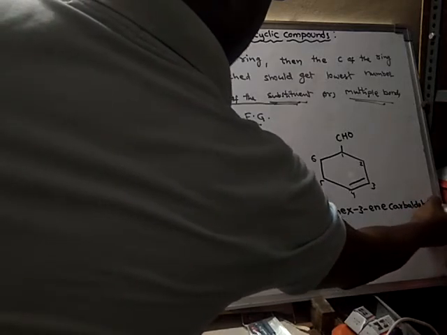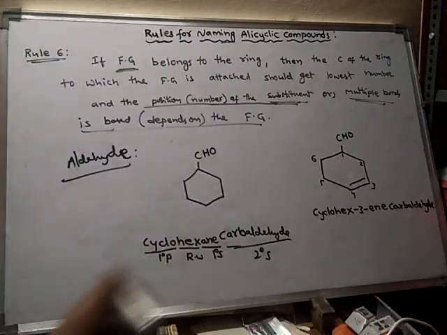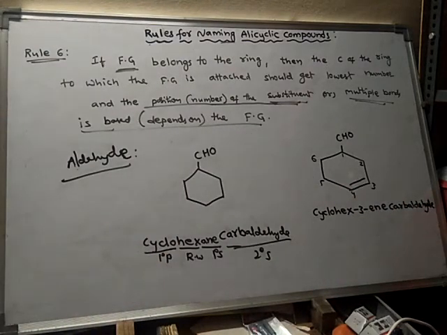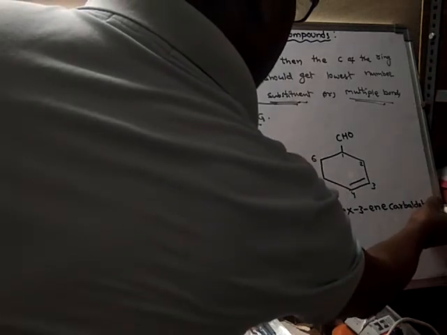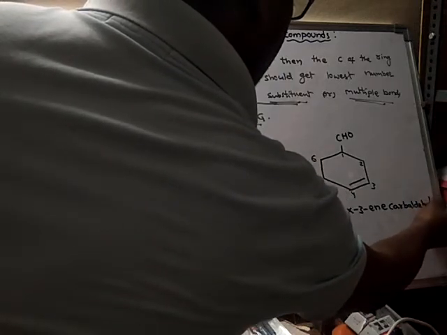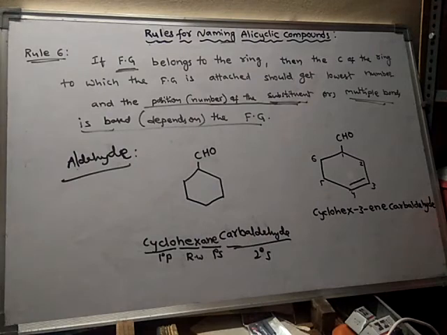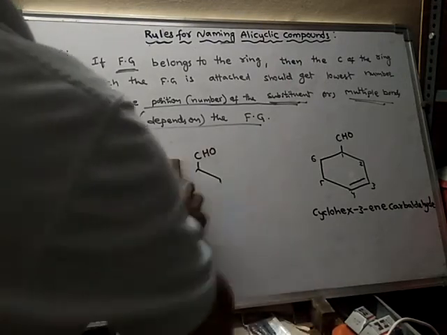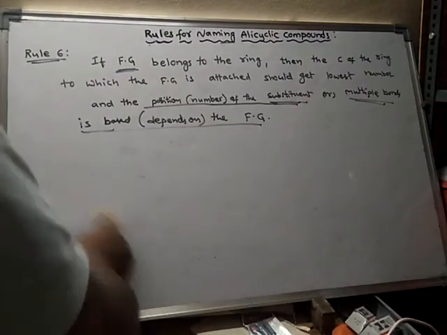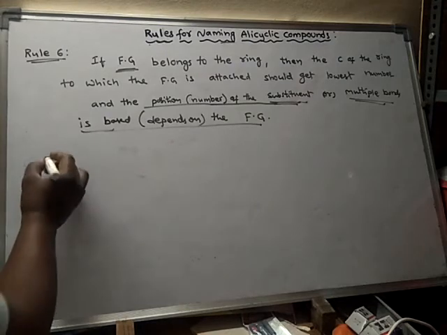Carbaldehyde, okay, cyclohexene carbaldehyde. Right. So in this way, when functional group aldehyde is present, the name of the compound should be written like this. Now let us see ketone.